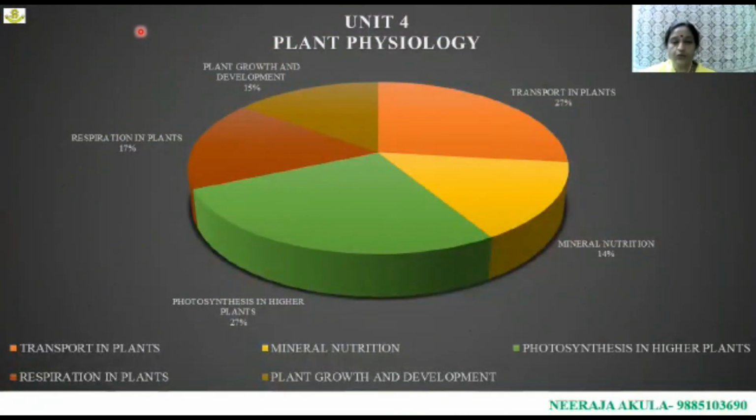And then unit 4, plant physiology, which has 5 chapters: transport in plants, mineral nutrition, photosynthesis in higher plants, respiration in plants, plant growth and development. More bits came from transport in plants, and also from photosynthesis in higher plants.